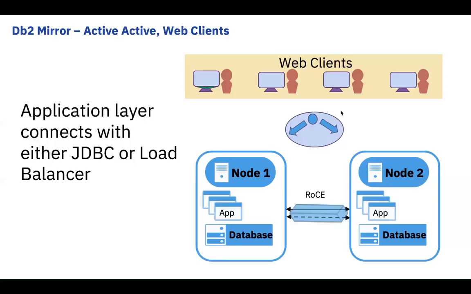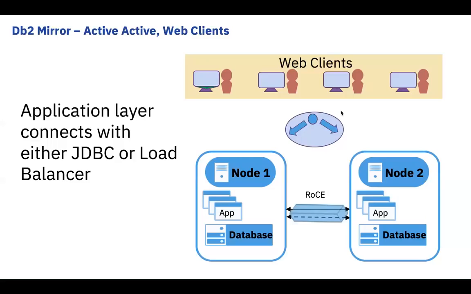And if you want to implement an active-active or even something that's going to switch very quickly between the two, you have to have some type of load balancer or some type of connection technology to direct traffic to your database. There's a couple ways that this is commonly done in the industry already today.